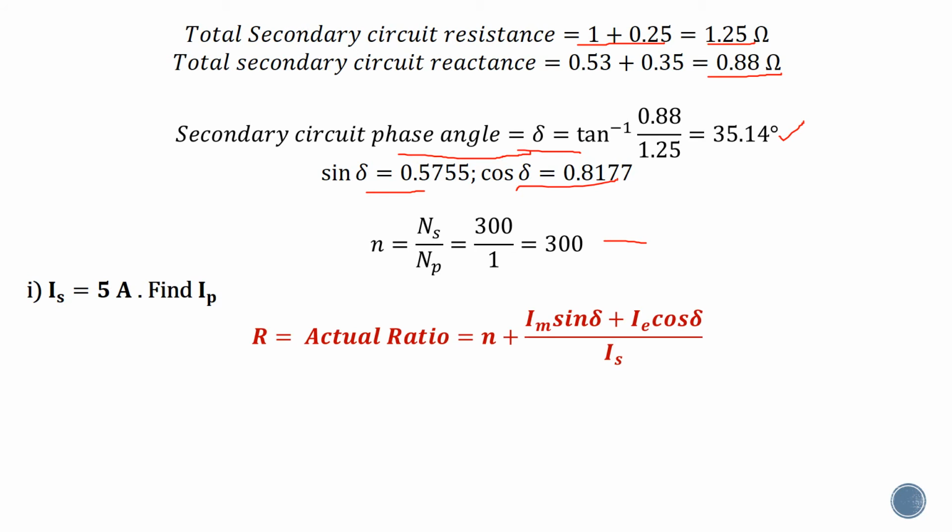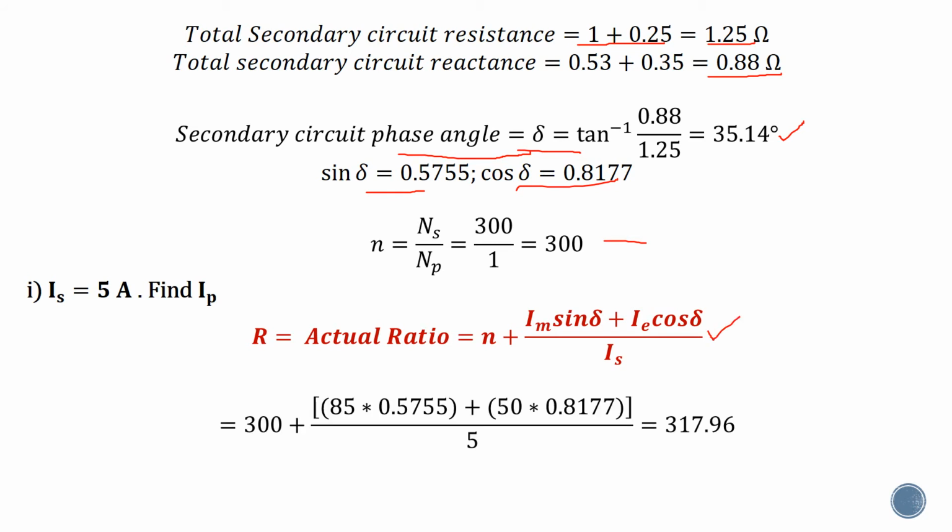For that, we will need the actual ratio, and with the help of the actual ratio formula, we will calculate it first. Substituting the value of each and every component: turn ratio 300, magnetizing component 85, sin delta value from the above, that is 0.5755, core loss component 50, cos delta angle 0.8177, secondary current as given 5 ampere.